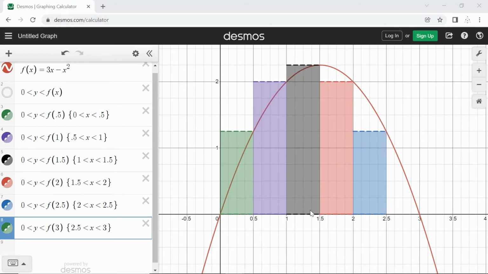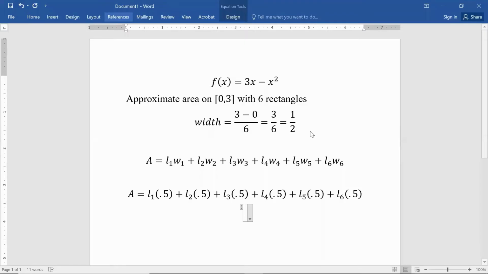Some people, once they find the width of the rectangle is 1/2, will write out their subintervals.